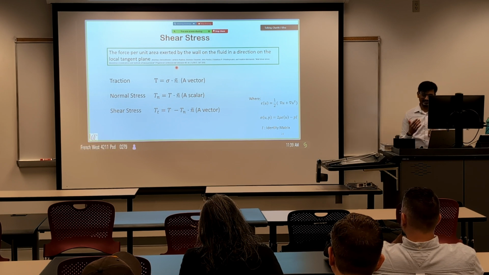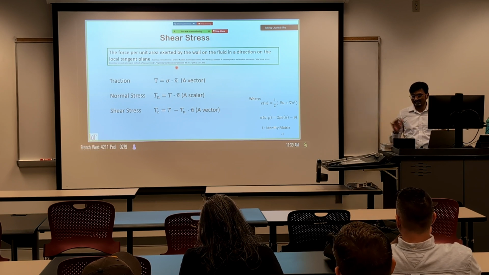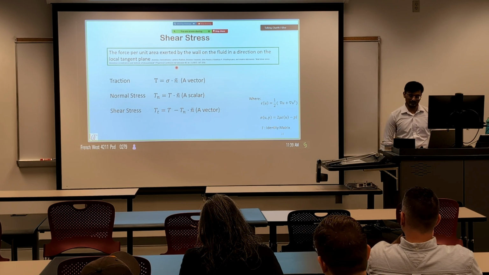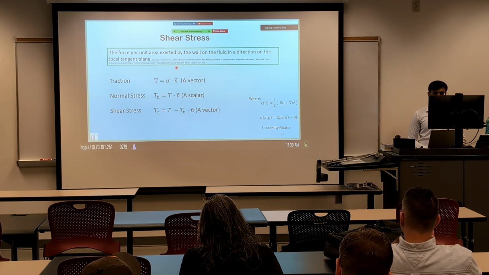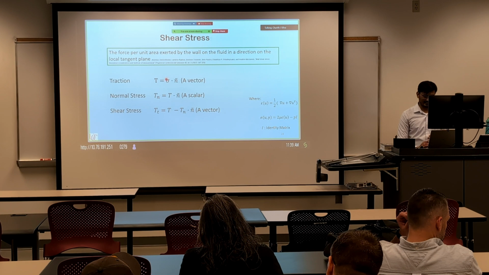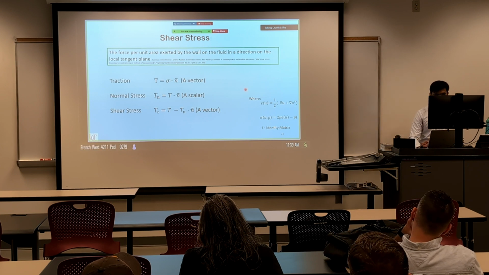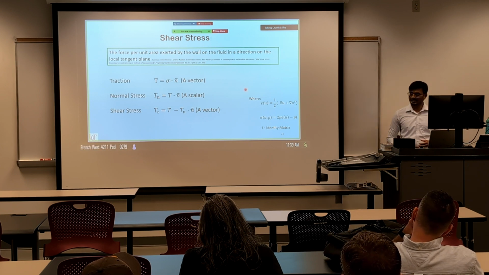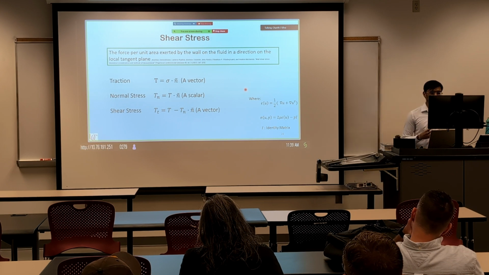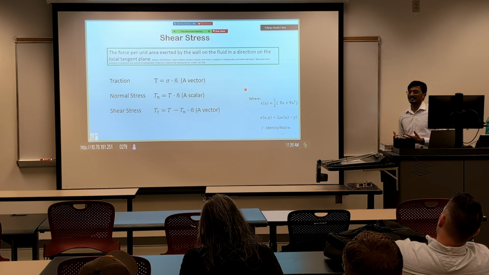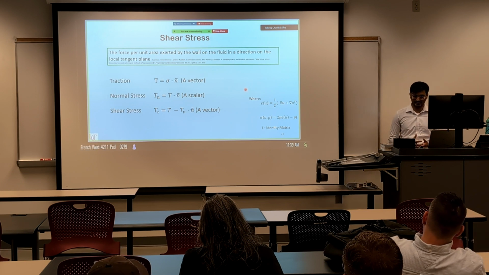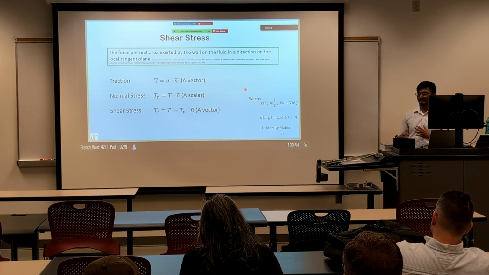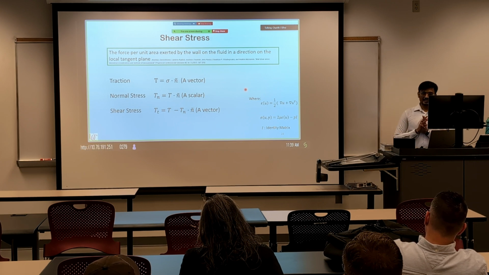Shear stress is basically the tangential force applied on the wall. And this is how it is calculated. Here we have the quantity called sigma, known as the stress tensor. The stress tensor describes the internal forces within the fluid, including the viscosity and everything.